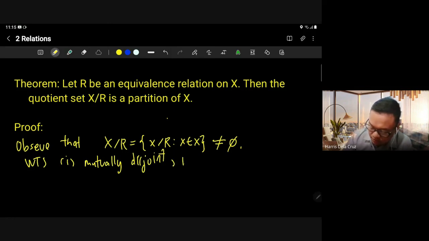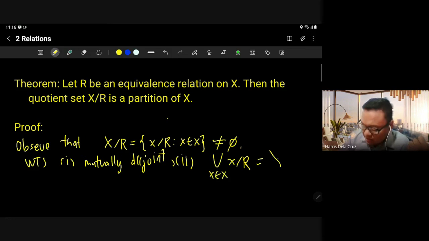And second, we also want to show that all the elements are here in the partition. So the union of all x over r for all x must be the entire set x.